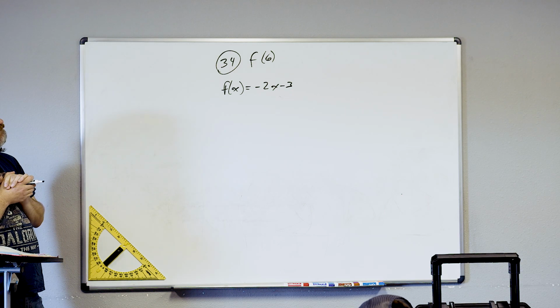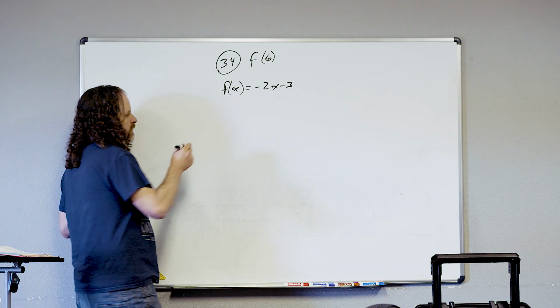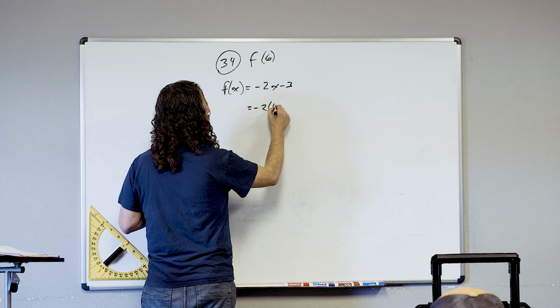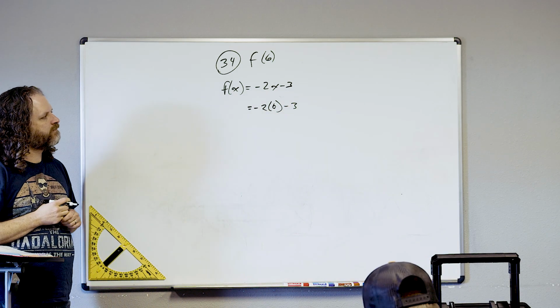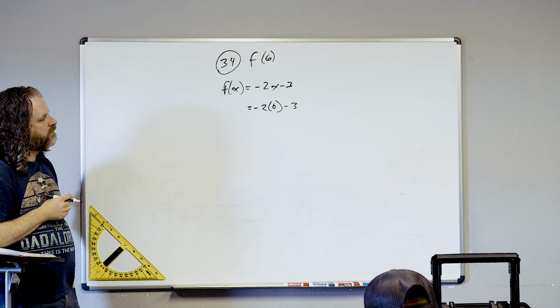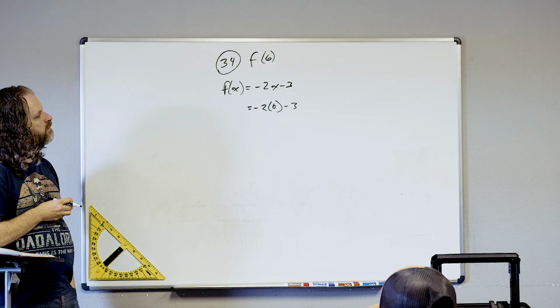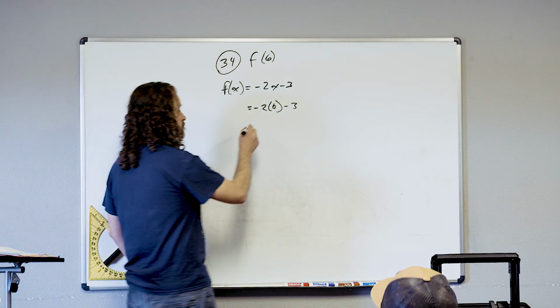There's something we have to do before we even start doing any adding and subtracting. Let's put 6 into there. Alright, so now what would we do? 2 times 6 is 12, so -12. Yes.